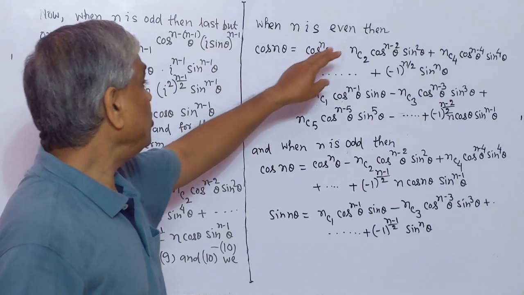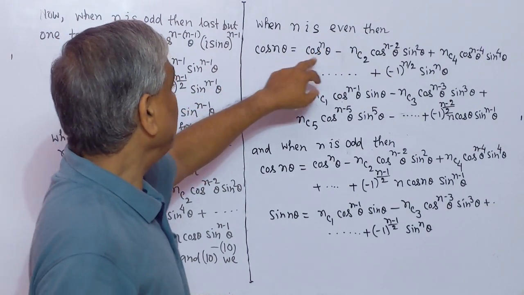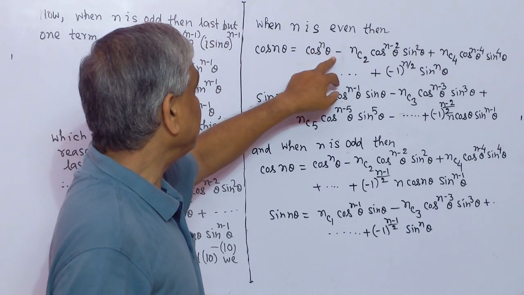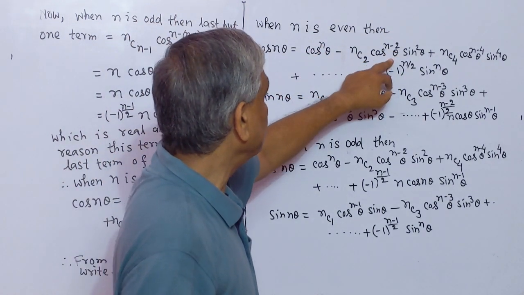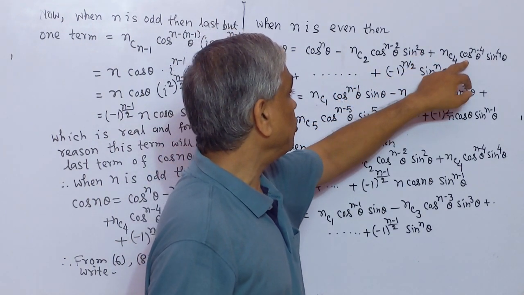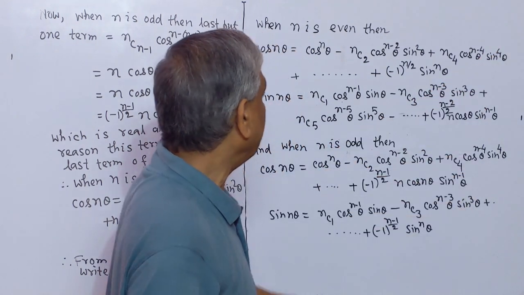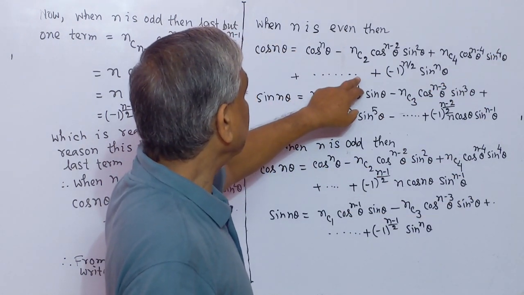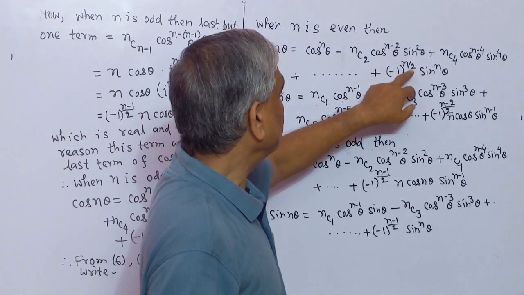When n is even, then cos n theta is equal to cos to the power n theta minus nC2 cos to the power n minus 2 theta sin square theta plus nC4 cos to the power n minus 4 theta sin to the power 4 theta plus dot dot dot, with the last term minus 1 to the power n by 2 sin to the power n theta.